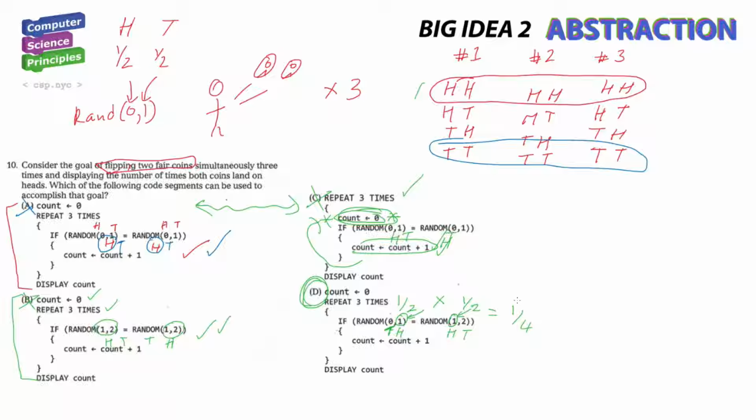And that's perfect because when you look at the sample space for throwing 2 coins in one trial, the probability of getting a half and a half, when you multiply them, is the 1/4.